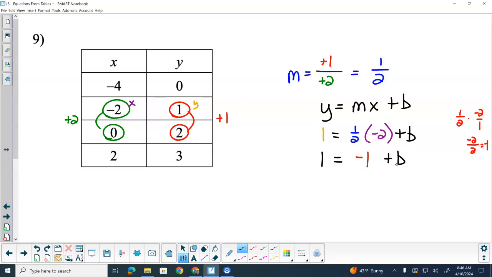Edwin, how am I going to solve 1 equals -1 plus b? How do I solve that for you? How am I going to move it? How am I going to move that to the other side?